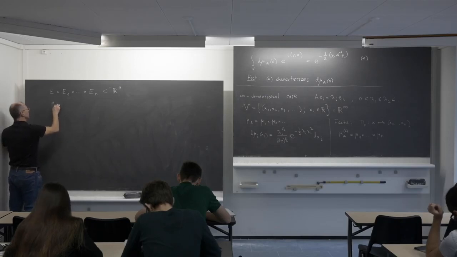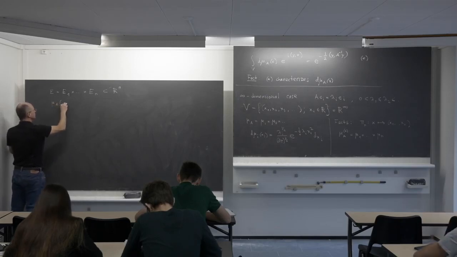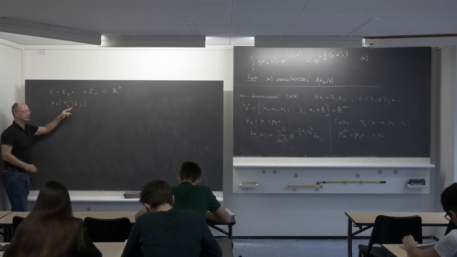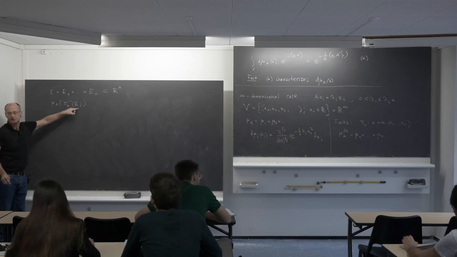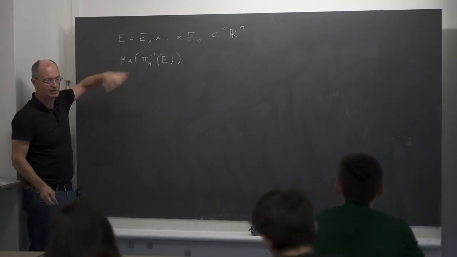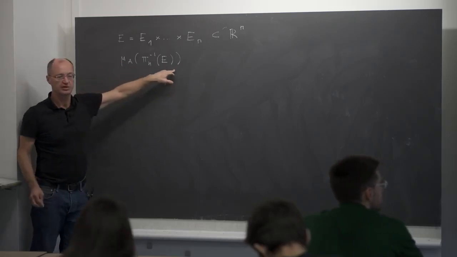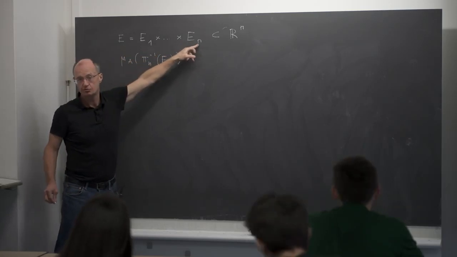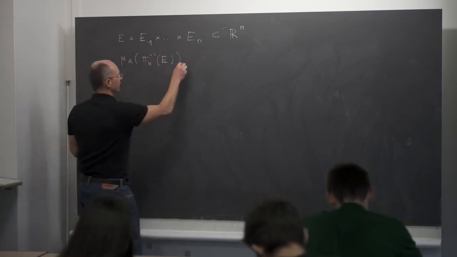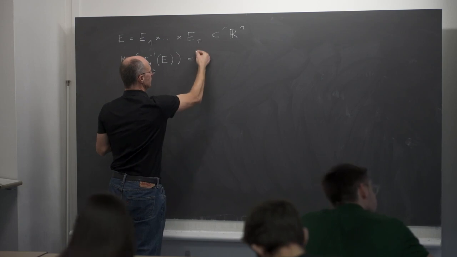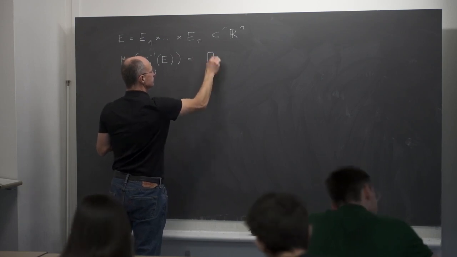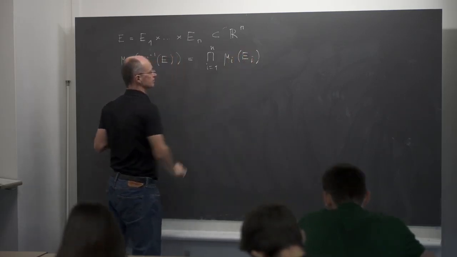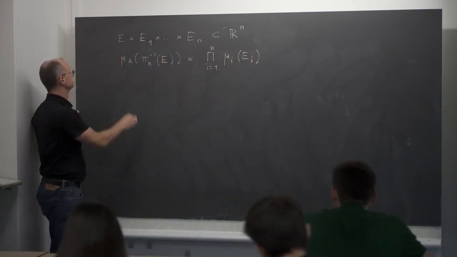Then μ_A of the preimage of E, so this is a kind of cylinder, it extends indefinitely in all the other directions, but in the first n directions it is equal to this product, E_1 to E_n, and this will be simply equal to this product.